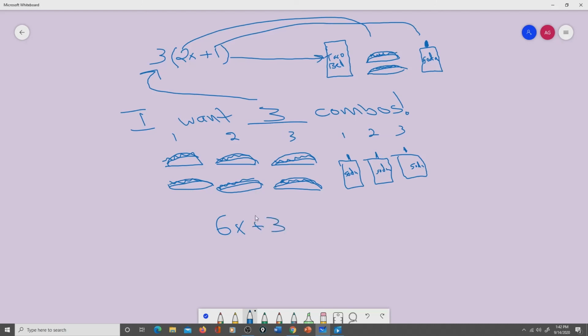So plus 3. From the example you can see that we have to distribute this 3 to both things that are in the combo meal. So you can think of the parentheses like the bag that has the food in it. And if I'm going to order multiples of that bag, I want everything I'm supposed to get. I want the 6 tacos and 3 drinks. I don't want to just get 6 tacos and 1 drink and we're all sharing.